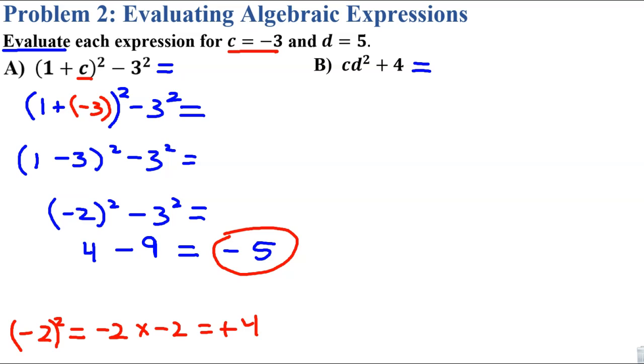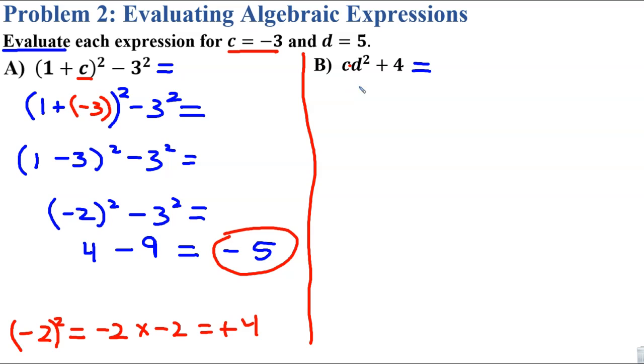Let's go ahead and run through one more example of this together here. Just divide my workspace up. Now, same idea. This time I'm going to be plugging in or substituting in the values for 2 variables in my expression. And so I have cd squared. Now, when you see 2 variables written next to each other, the multiplication is implied.